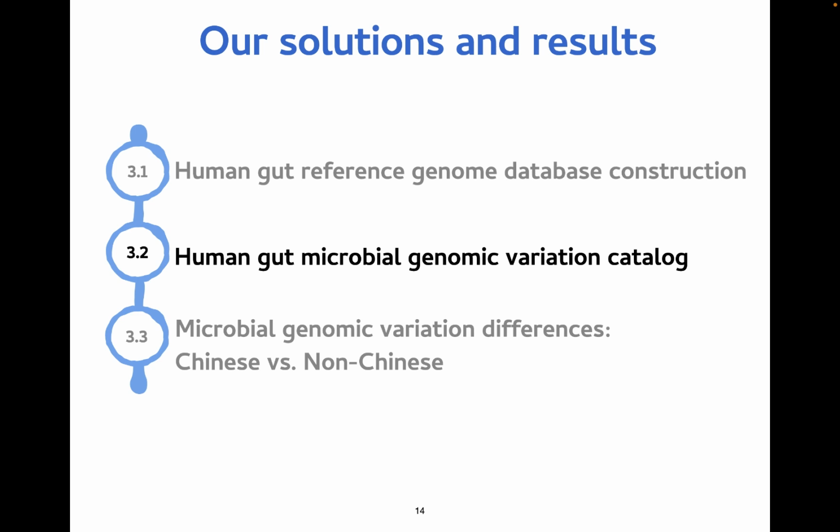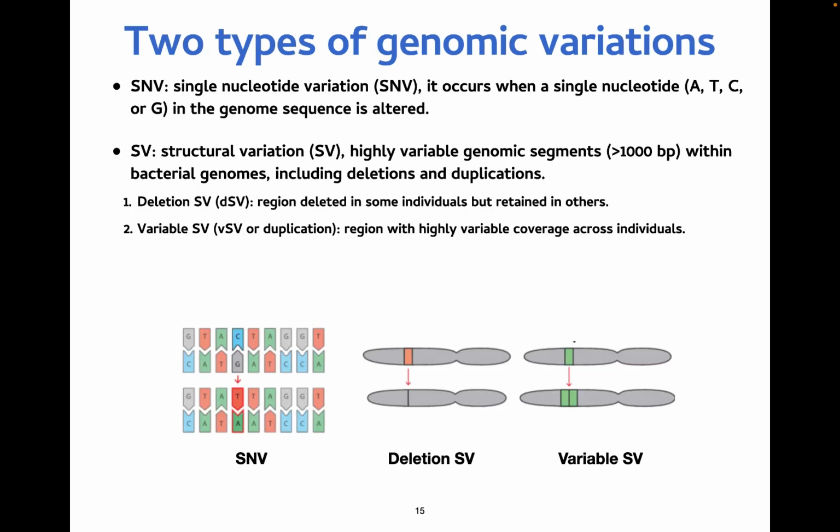Now let's come to the second section, the human gut microbial genomic variation catalog. In this research, we consider 2 types of genomic variations. The first is ISMV, the single nucleotide variation. It occurs when a single nucleotide in the genome sequence is altered.